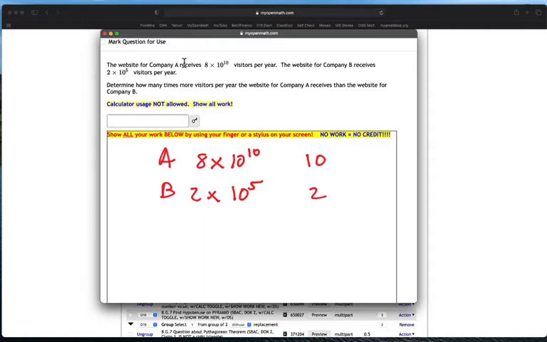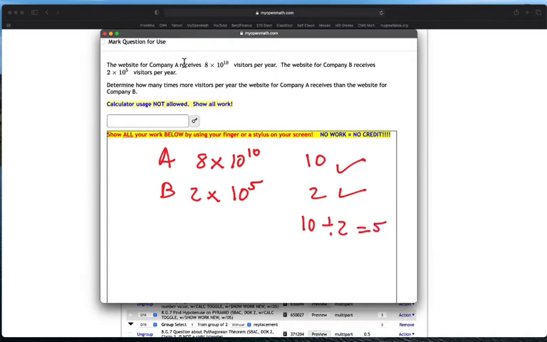So you're trying to figure out how many times more visitors visited this website when compared to this website. And clearly, that would be 5 times more, because 10 divided by 2 is 5.